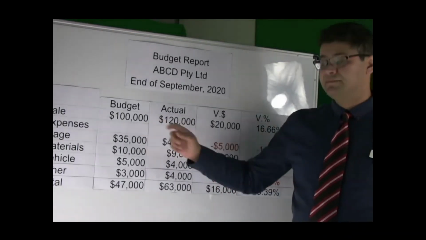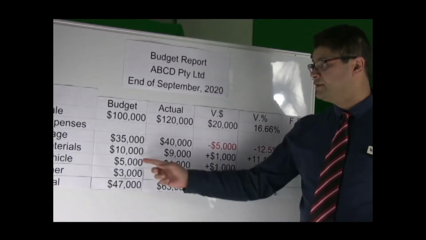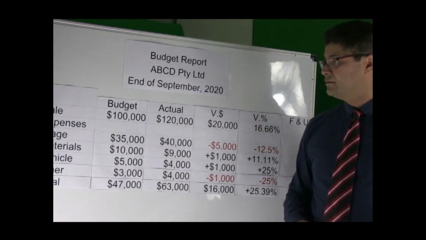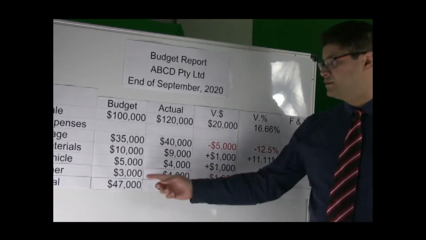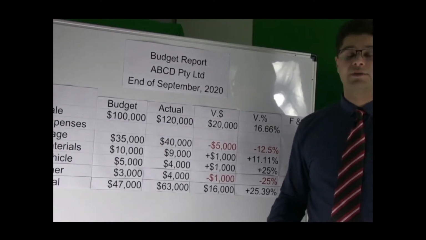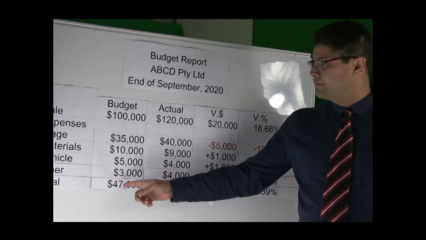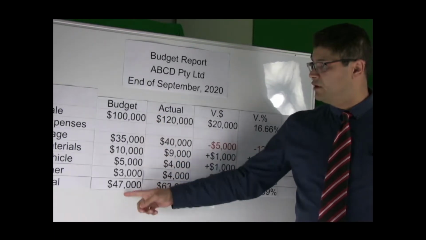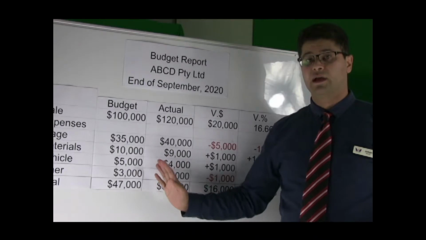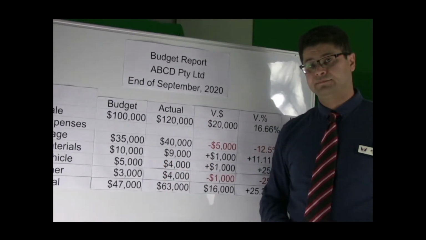And expenses: wages $35,000, materials $10,000, cost of vehicle $5,000, and other expenses $3,000, such as mobile, rent, insurance and other expenses. The difference would be about $47,000 profit. This is what you are going to tell the bank: this is the amount of profit that I'm making per year.